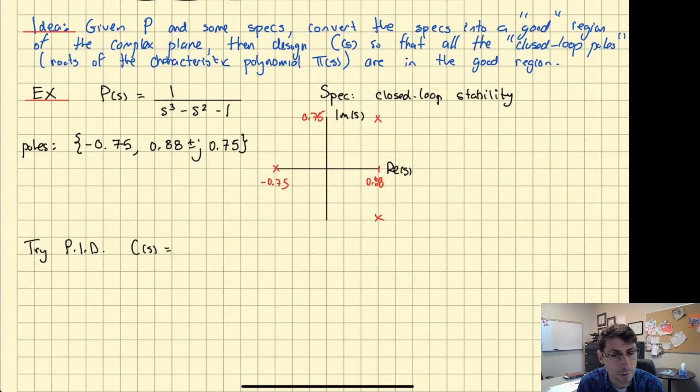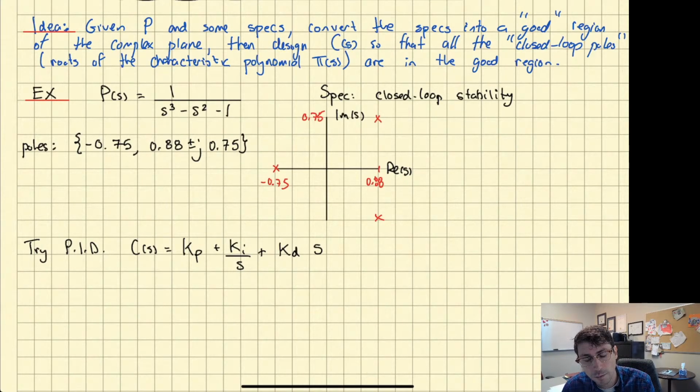Let me remind you of what a PID controller looks like. It's got a proportional part, plus an integral part, plus a derivative part.